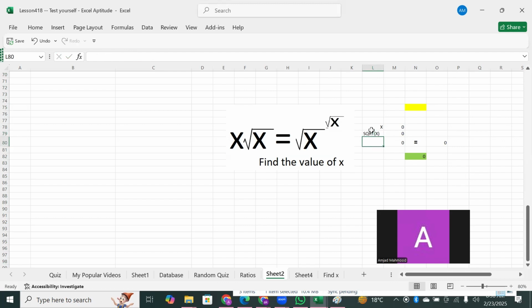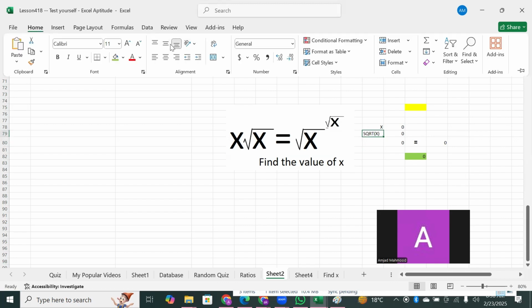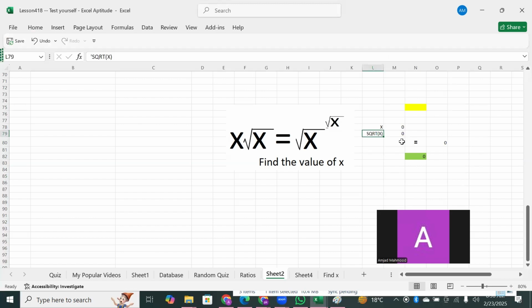Now what we do in here is multiply these both things, M77 and M78. So M79 multiplied by M78. So it gives you the left part of your equation, right?